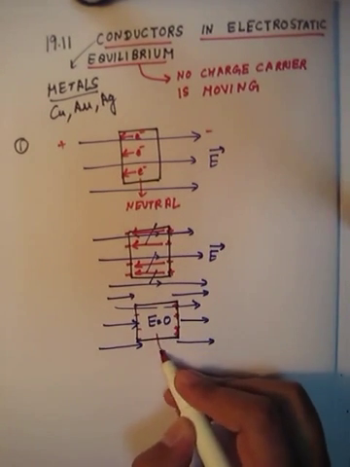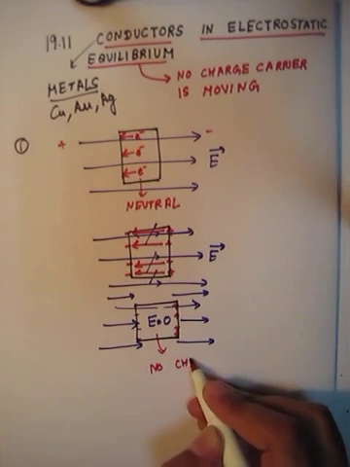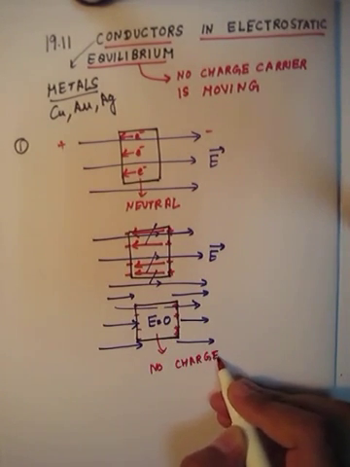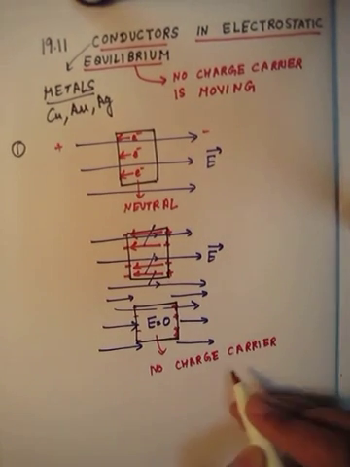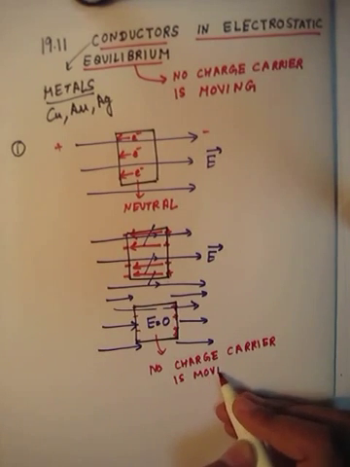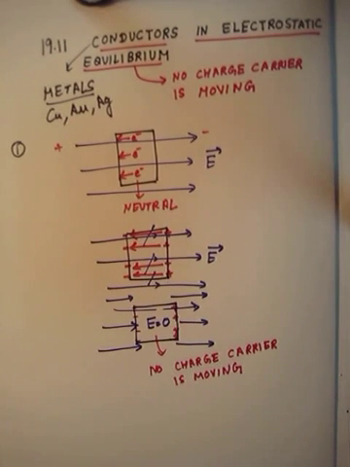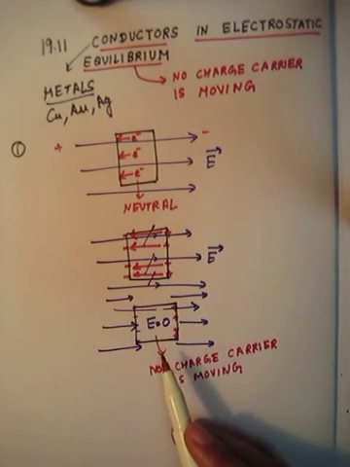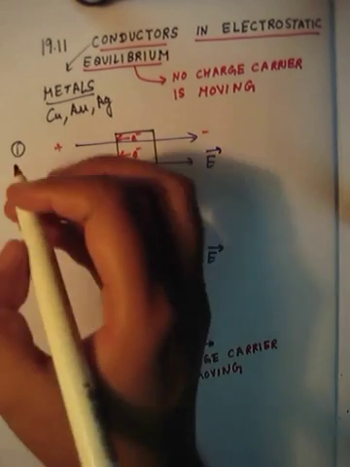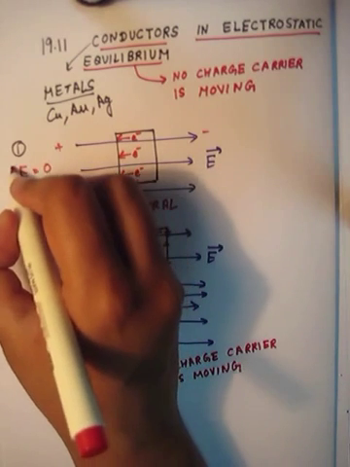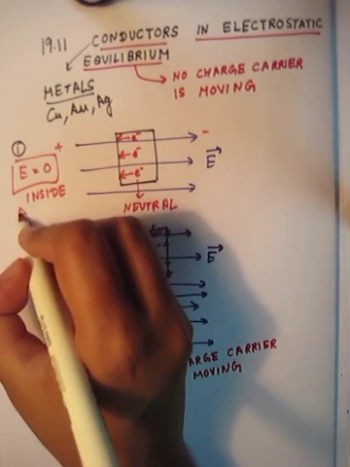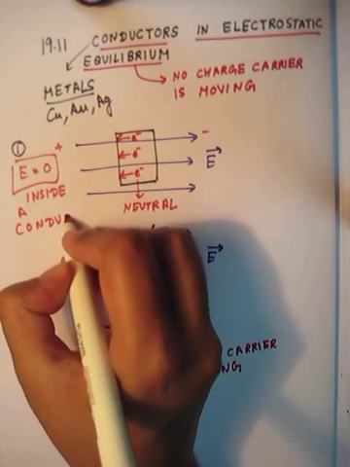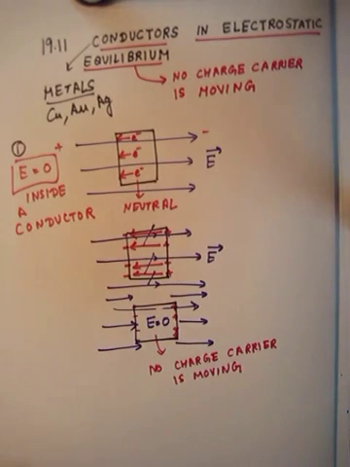In this situation, no charge carrier, which is basically the electron, is moving. So in a conductor, the electric field is zero at electrostatic equilibrium. This is the first condition of conductors in electrostatic equilibrium.